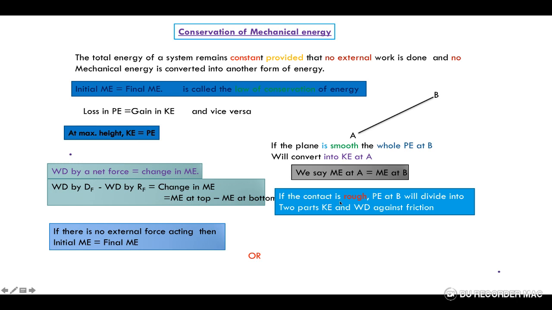If the contact is rough, this is very important now. If the contact is rough, potential energy at B will divide into two parts. One is kinetic energy and the second will be work done against friction.